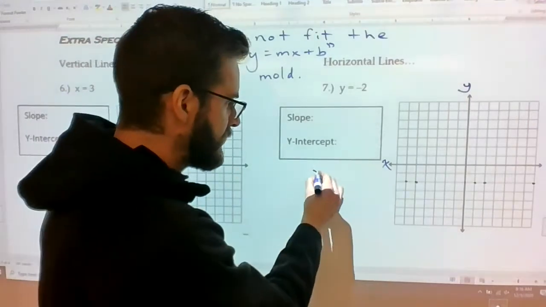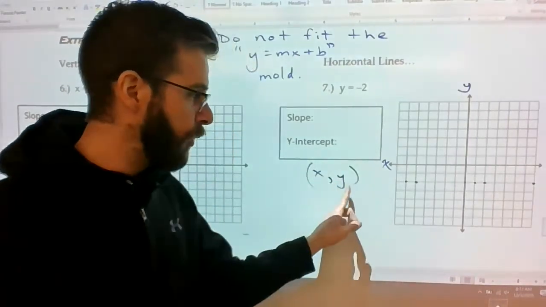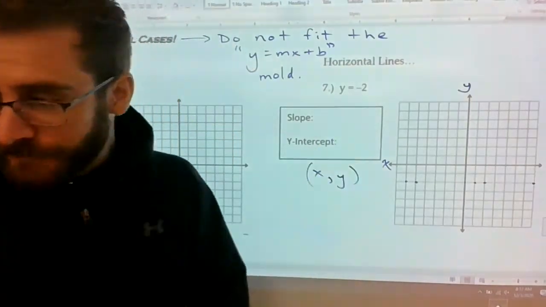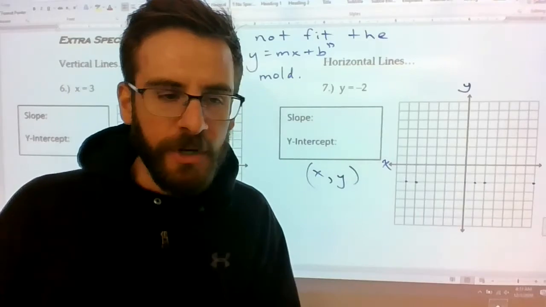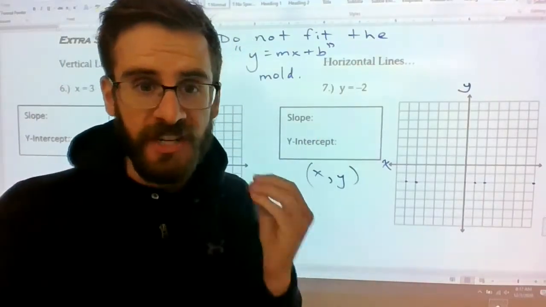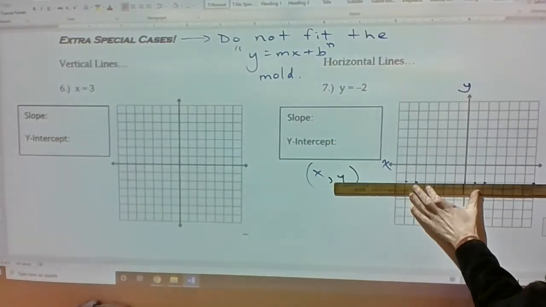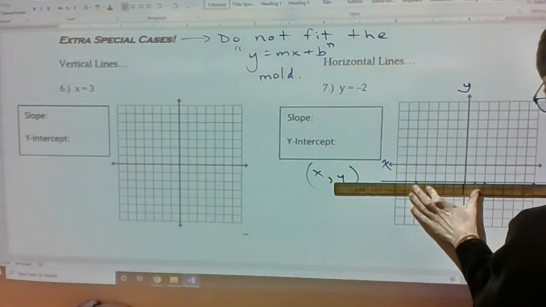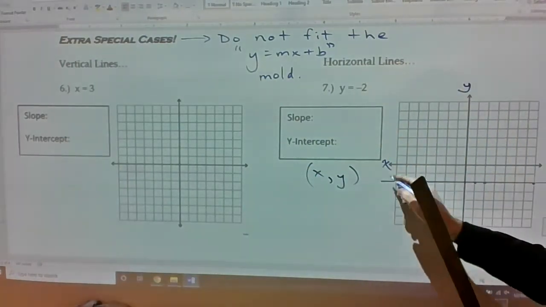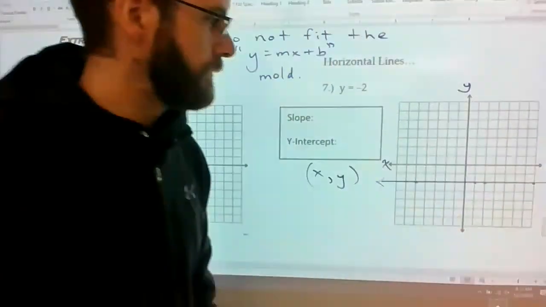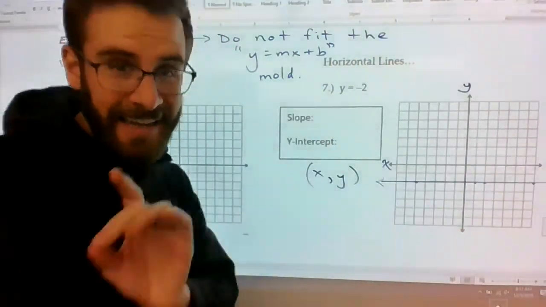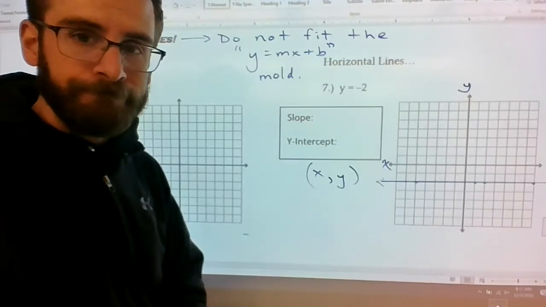Remember points, x comma y. The y-coordinate is always -2. It's a horizontal line when you see y equals just a constant number. So if you see y equals a constant, it's a horizontal line.